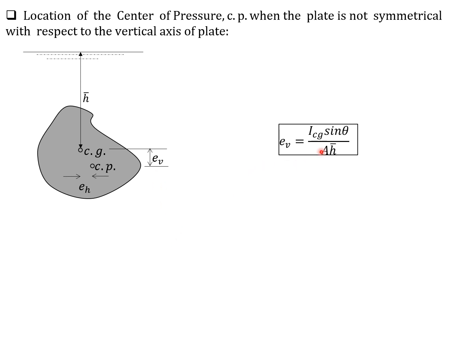So for E sub v, it is I sub cg sine theta over area times h bar, the formula we developed earlier, where sine theta, if this is vertical, is just 90, so it becomes I sub cg over area times h bar. Then for E sub h, once we locate the center of pressure vertically, after we solve E sub v, all you have to do is draw a line through the center of pressure.